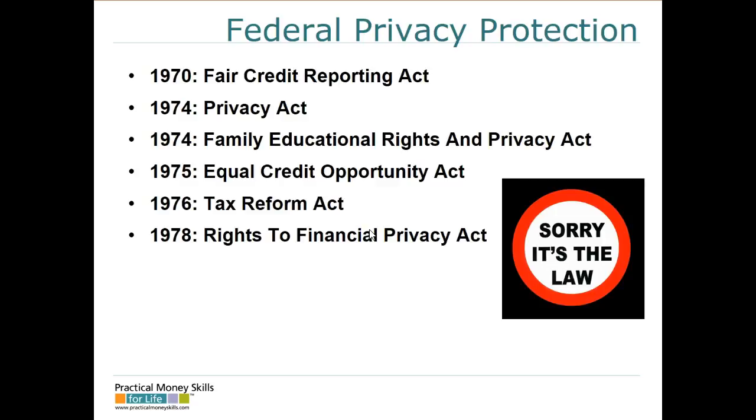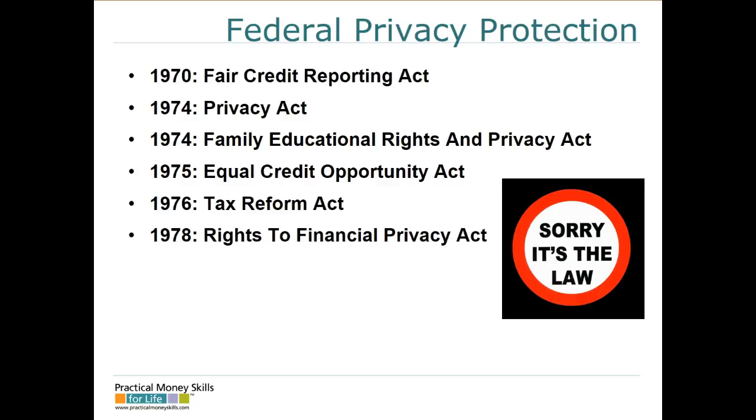What the law says: the federal privacy protection. These are some laws that were made in the 1970s. The first one, in 1970, was the Fair Credit Reporting Act. This guarantees consumer rights in the collection and reporting of information for credit, employment, insurance, and other consumer business transactions.